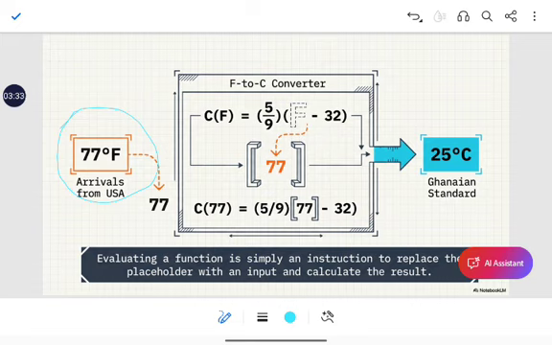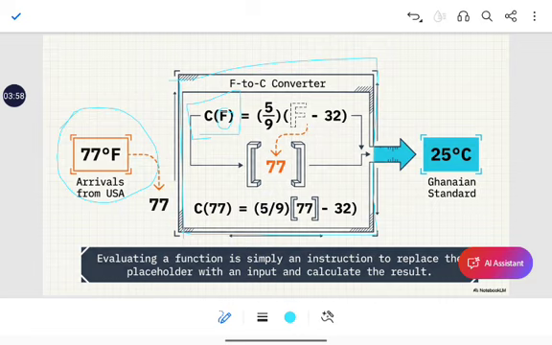So the machine we built is what we call the Fahrenheit to Celsius converter. We put in a rule. The rule says that to get the degrees Celsius, put in the Fahrenheit figure.